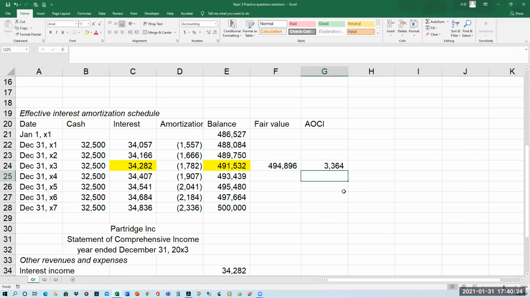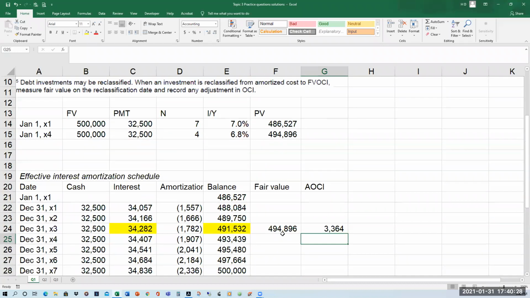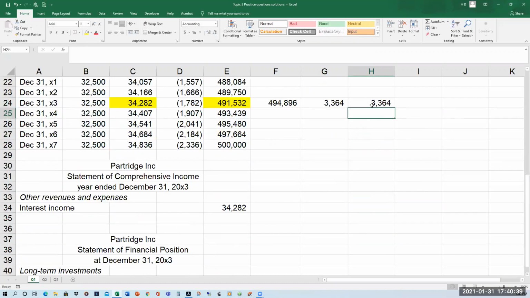Now, the fair value of the bonds is more than the carrying amount. So the $3,364, well, that becomes the initial other comprehensive income. All right, so there is OCI resulting from the reclassification.